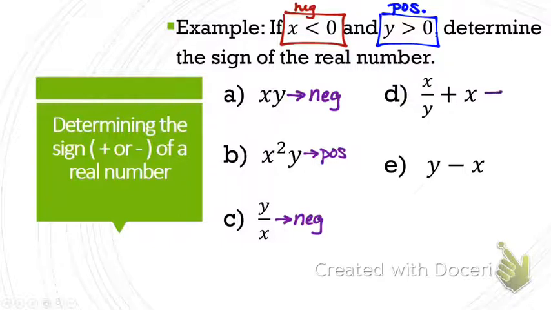Why negative? Because x divided by y is a negative, just like y divided by x is a negative, and then I'm adding another negative number to it. What about y minus x? Positive. I have a positive number, and then I'm subtracting a negative number, which would give me a positive. Nice work.